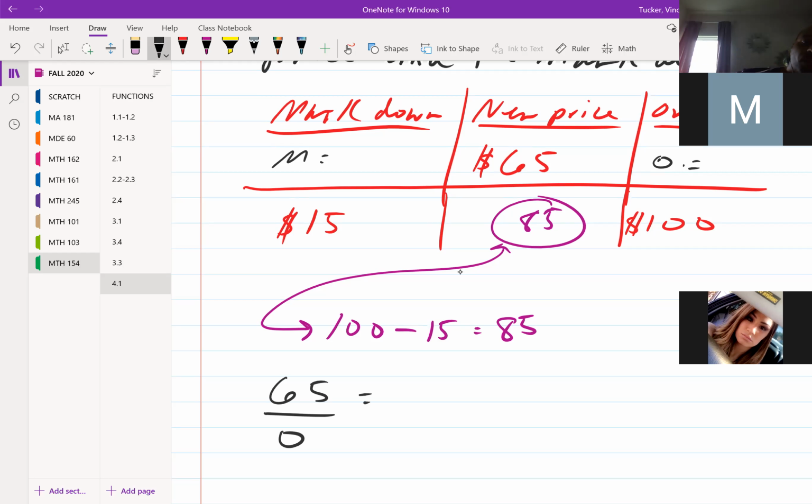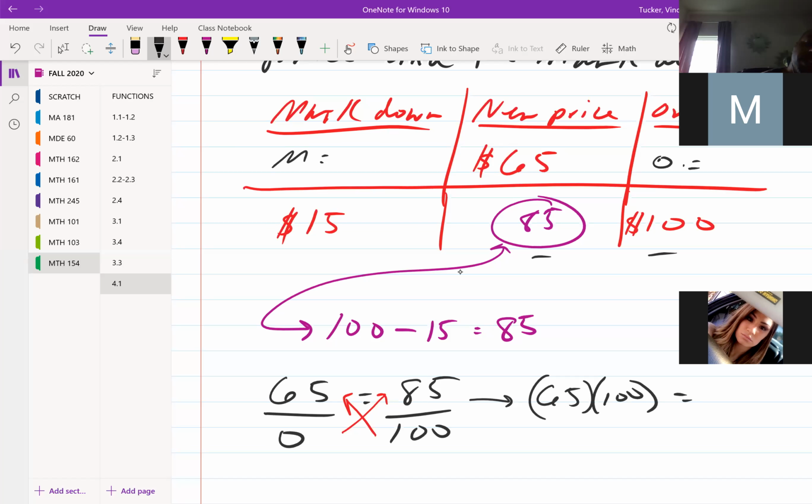So that's 65 over the original price, and then for the other column, I use these two pieces, 85 over 100. Cross multiply. So that's 65 times 100 equal to 85 times the original price.